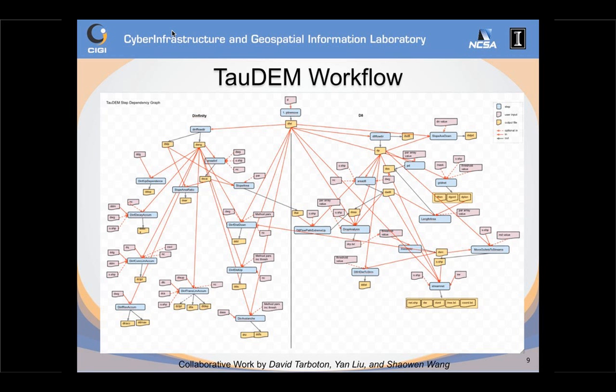This is a very data-driven workflow with multiple steps. TauDEM, in fact, has a plugin on a popular commercial GIS platform called ArcGIS. You could also access TauDEM as command line tools. You could directly download it. Dave has the software package online.